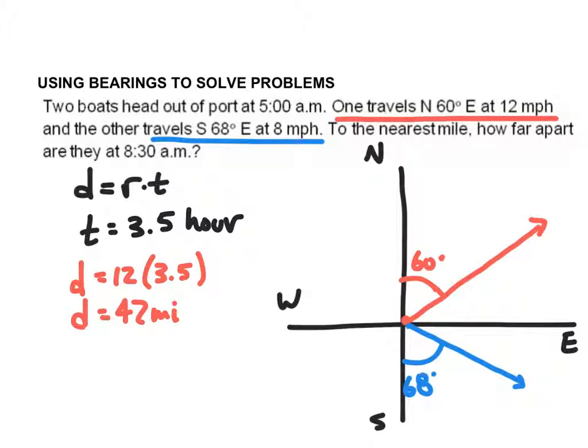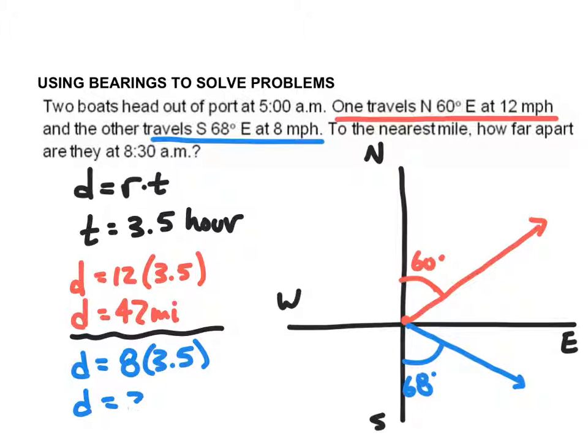The other one that I want to do is the one that's traveling 8 miles an hour. So we're going to do distance: our rate is 8 times 3.5, and that's going to give us a distance of 28 miles.